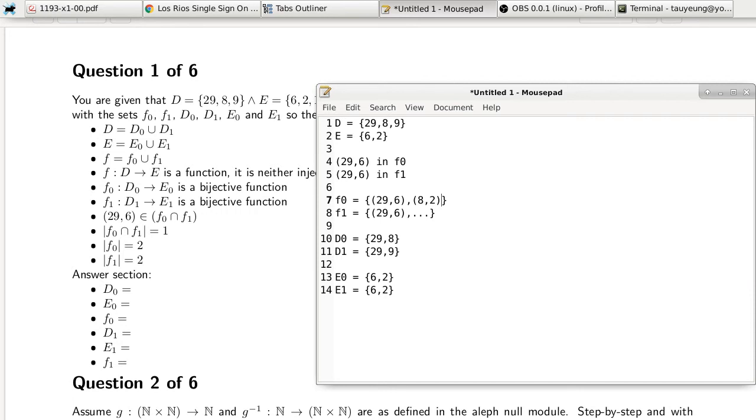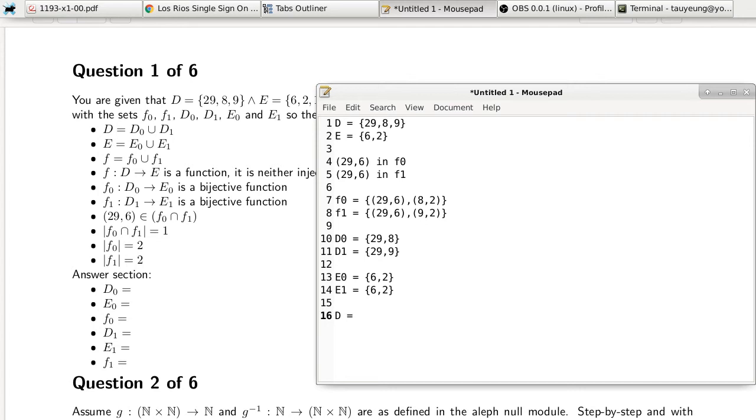So 2 is pretty much the only choice here. We can argue the same thing for F1, which means F1 has to map 9 to 2. So when you look at all of these, let's double check our constraints and see whether they all work or not.